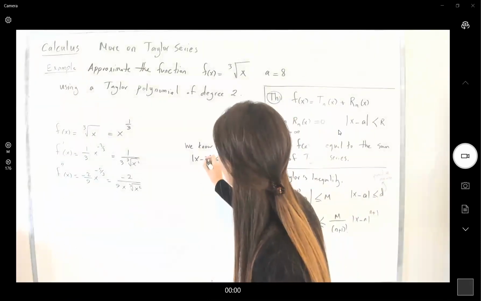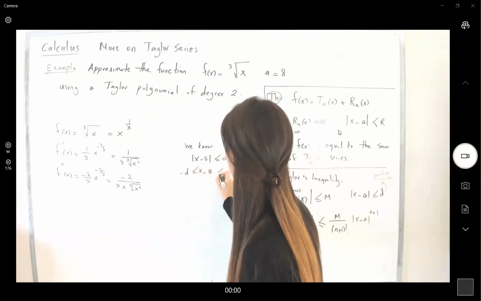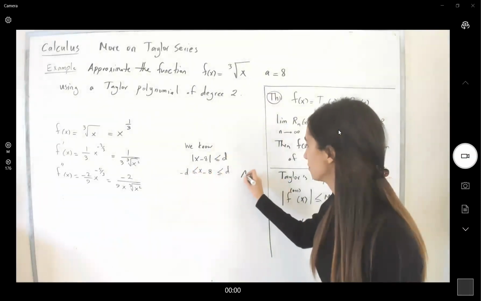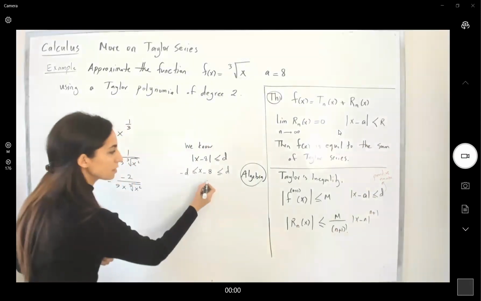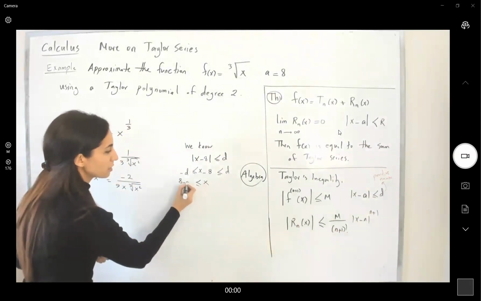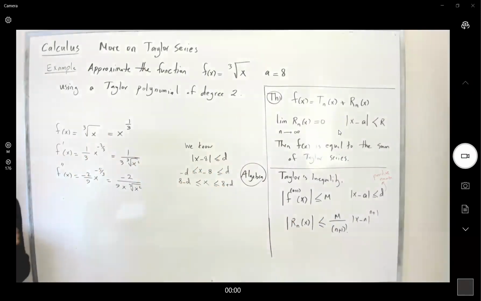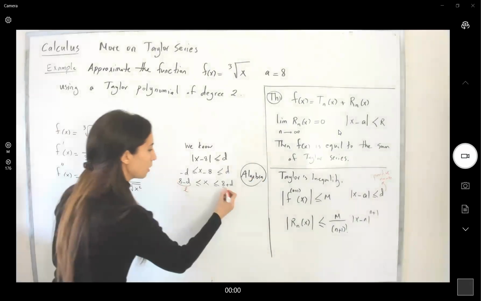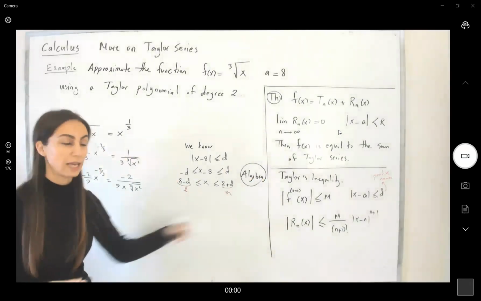So x minus 8 is in between negative d and d. This is pure algebra. So your x is in between 8 minus d and 8 plus d. My x is bounded between two numbers. Let's call this L. Let's call this M. Your x is bounded between L and M.